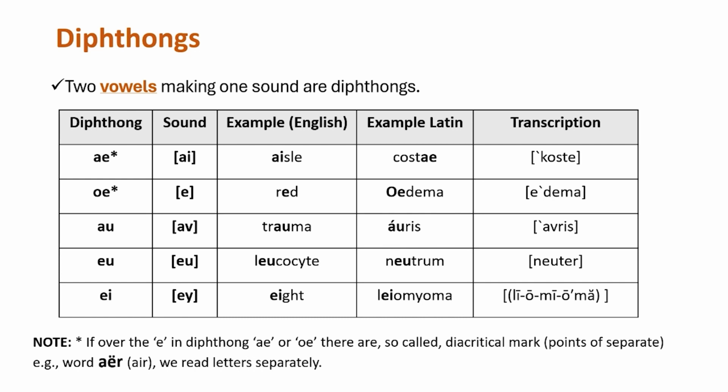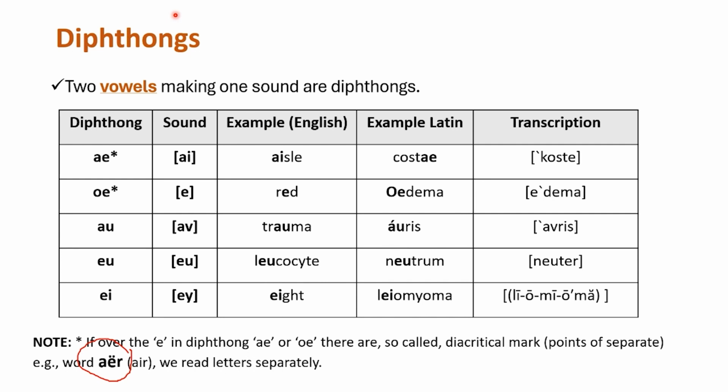I've given an example here. If you see a diacritical mark, that suggests you should not read it as a diphthong, but rather read that letter separately. It is not a diphthong, so you have to read it separately.